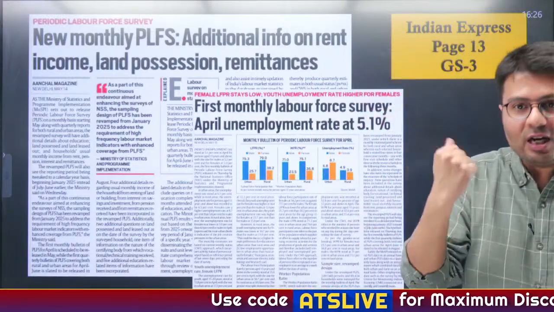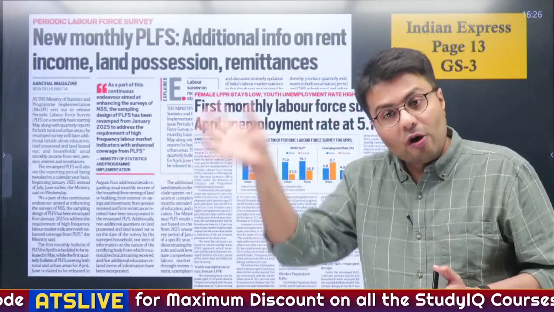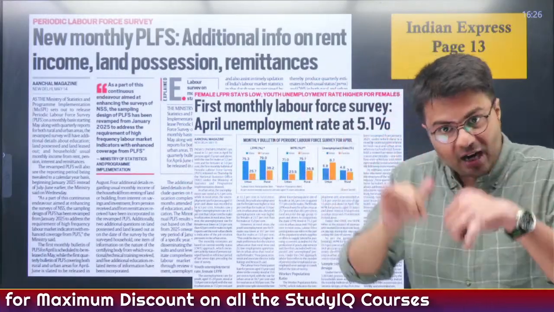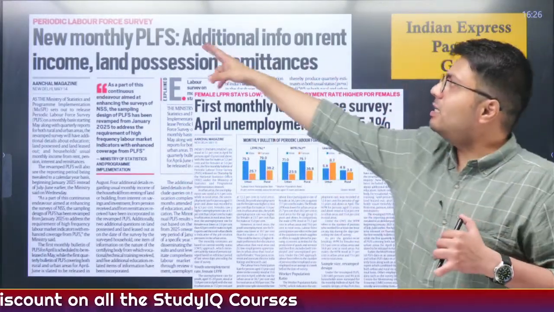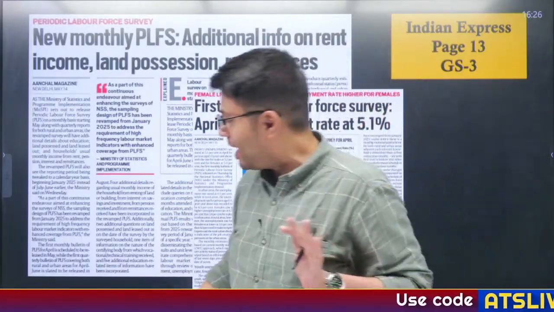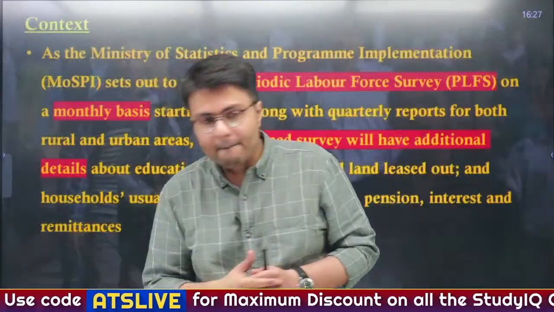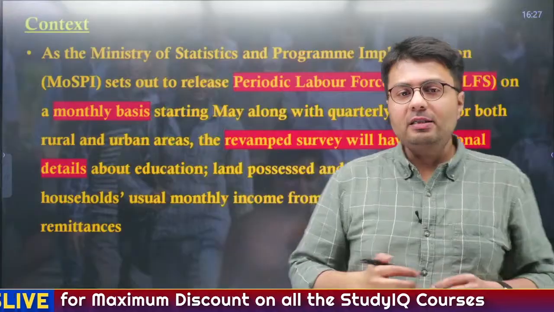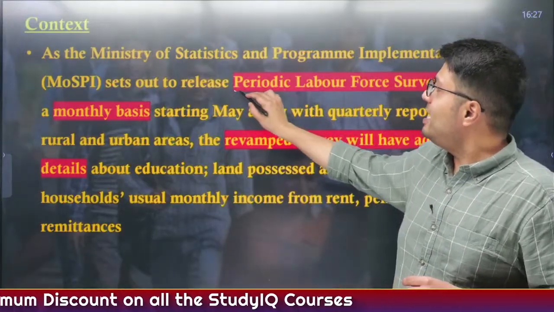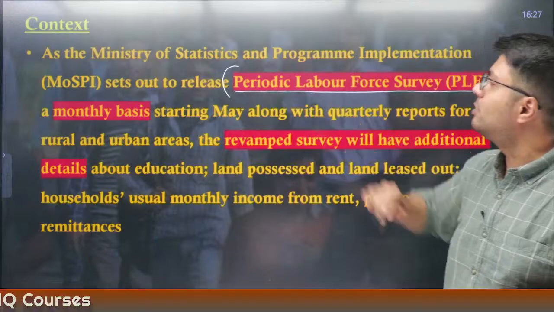What UPSC will ask is how employment or unemployment or inflation is calculated in India, that we need to understand. So let us understand details about PLFS, how unemployment is calculated in India and what changes have been made to PLFS recently, which becomes important for our exam. Now the Ministry of Statistics and Program Implementation releases periodically what is known as Periodic Labour Force Survey.